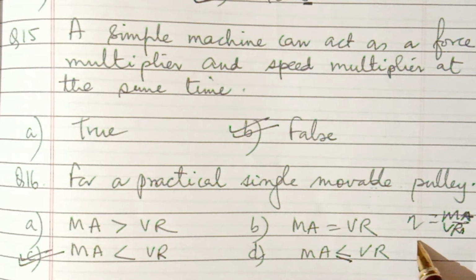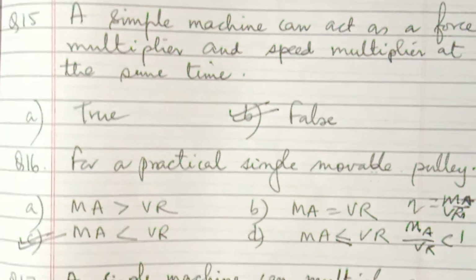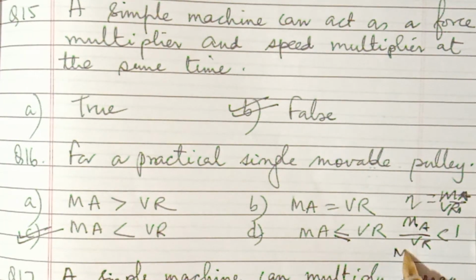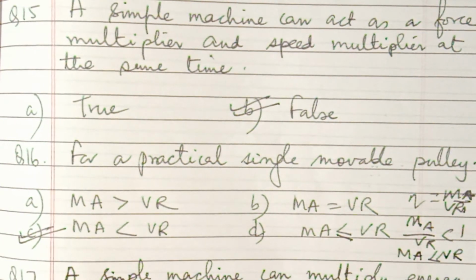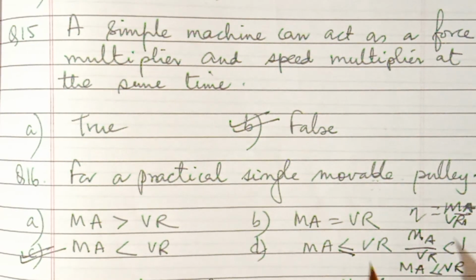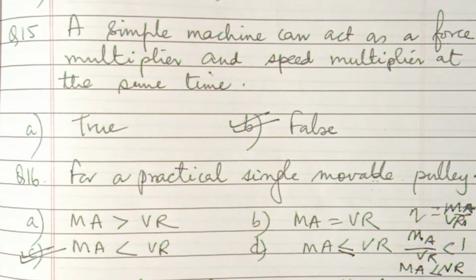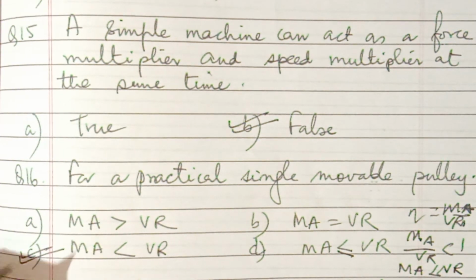So efficiency is less, that means MA by VR is less than 1. So MA is less than VR. This is the option. For practical machines, MA is less than VR. For ideal machine, MA is equal to VR. So this way you can learn.